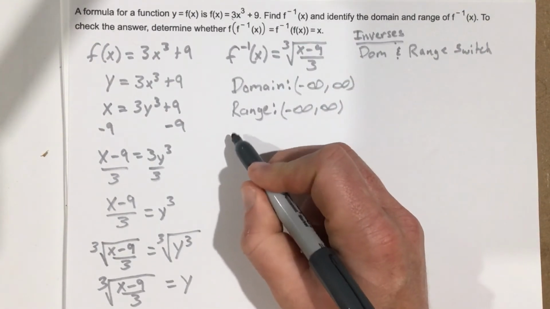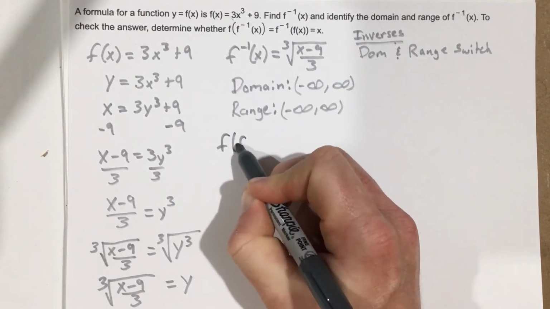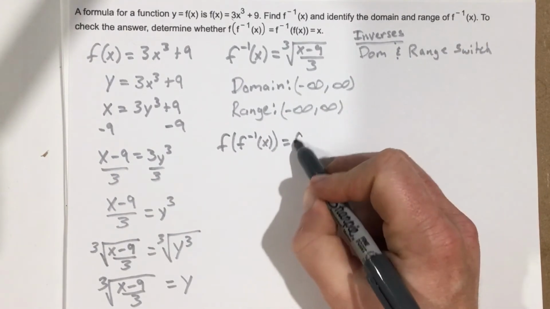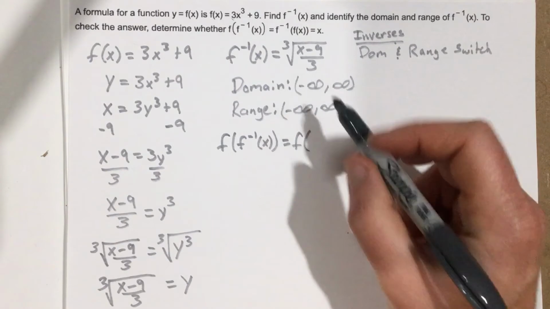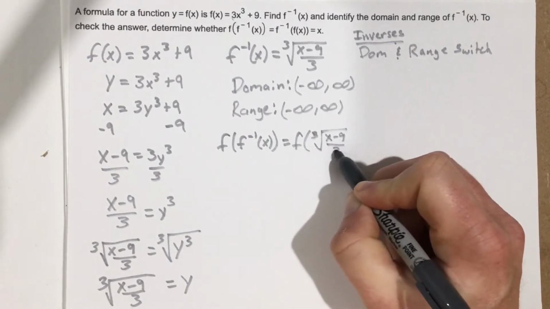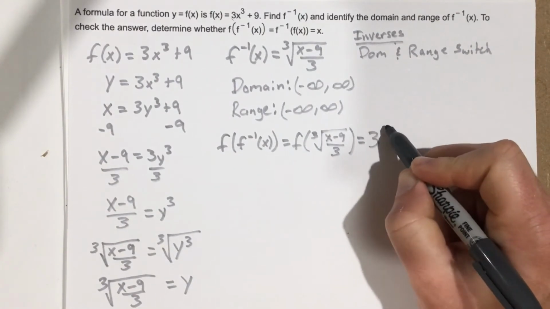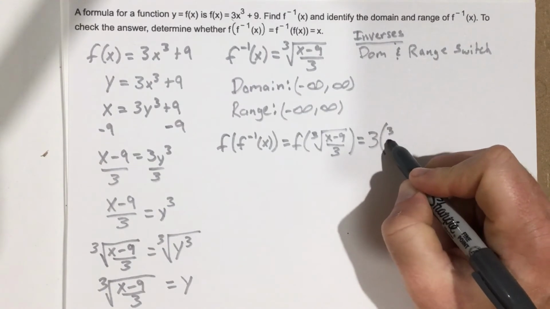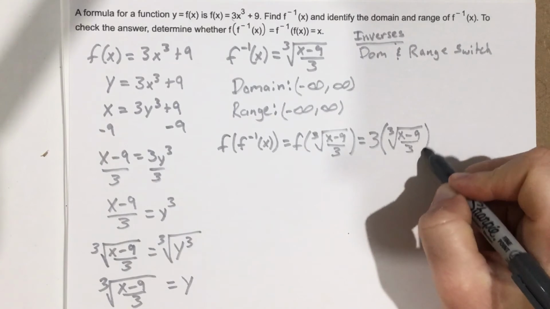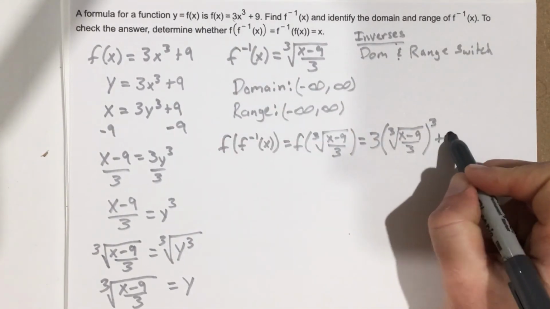So then we want to check this. We want to say f of f inverse of x, which is equal to f, we plug in f inverse, which is the cube root of x minus 9 over 3, and that's going to equal 3 times the cube root of x minus 9 over 3 cubed, because we're using the f function, plus 9.